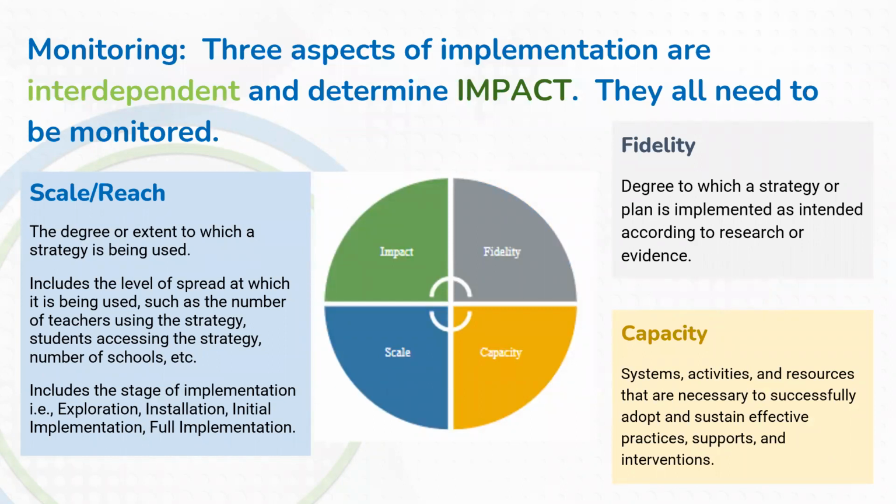If the answer to either of these questions is no, we might need to consider choosing something different. Assuming the two questions on the previous page about whether it's the right thing to do and whether we can do it the right way can be answered affirmatively, and the district chooses to move ahead with the identified strategy or initiative, there are several things to keep in mind about the components of implementation and impact. First of all, the three implementation components are interdependent.